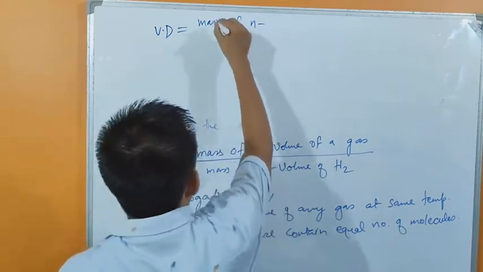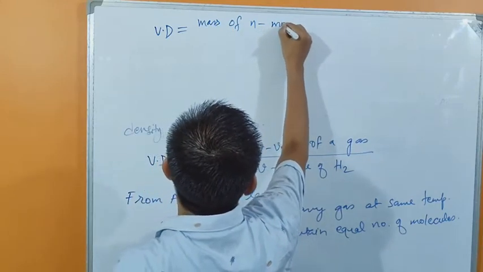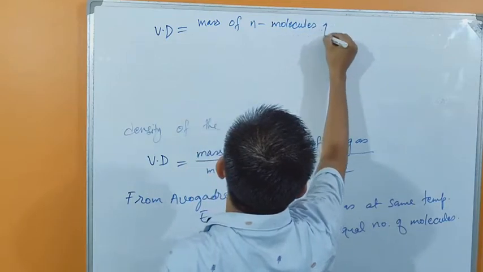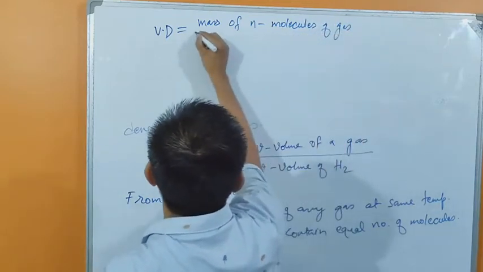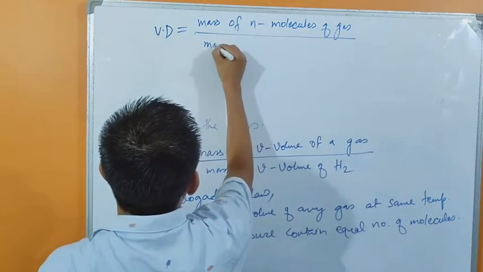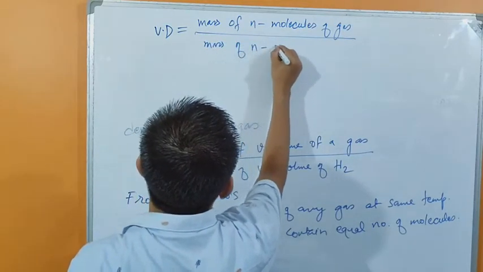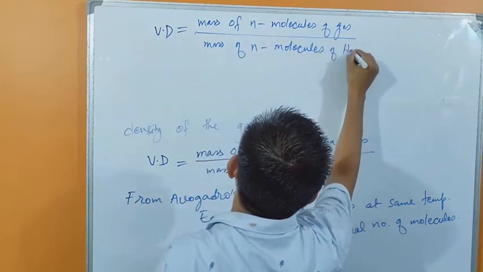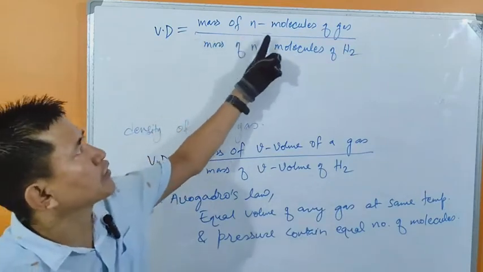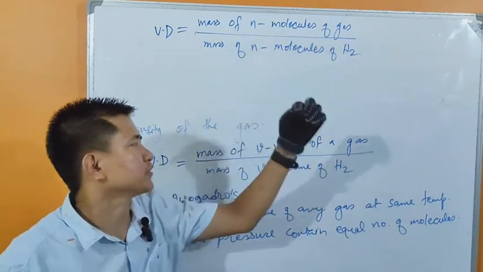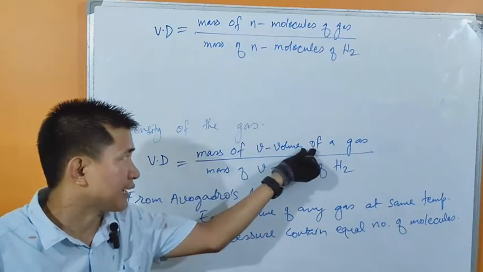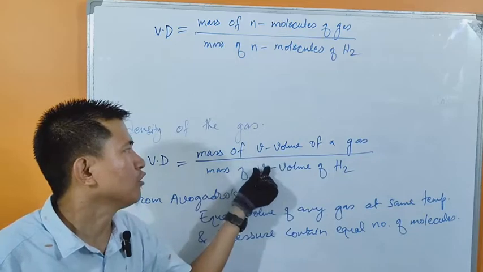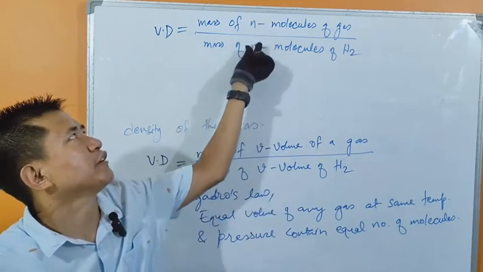We can write the mass of n molecules of gas divided by the mass of n molecules of hydrogen, because that gas contains volume V and hydrogen also contains volume V. They have equal volume, so they will also contain an equal number of molecules.